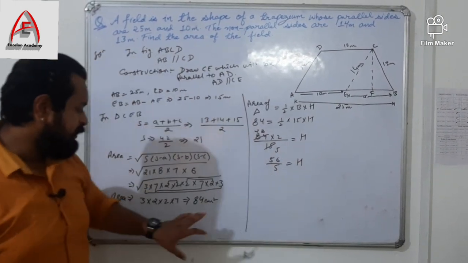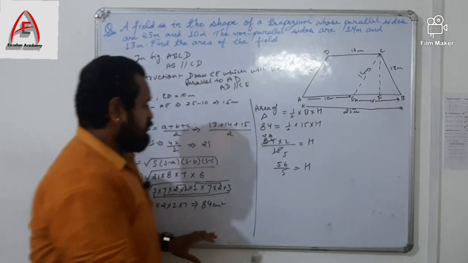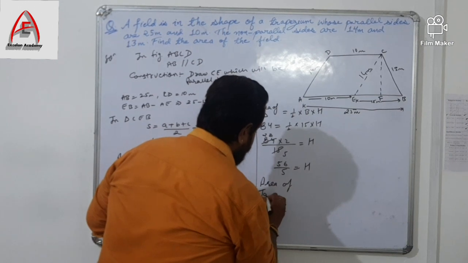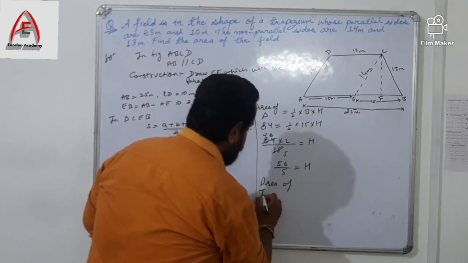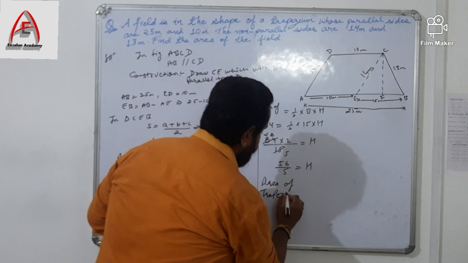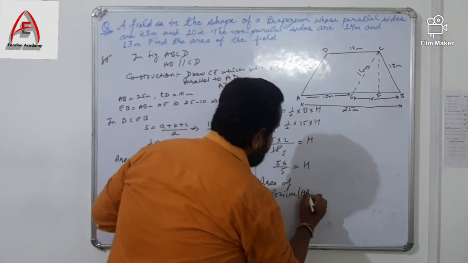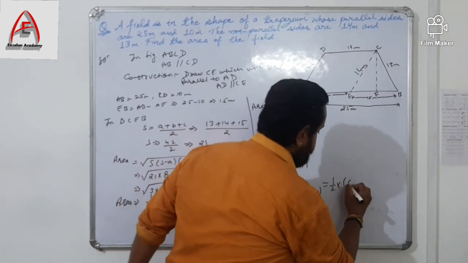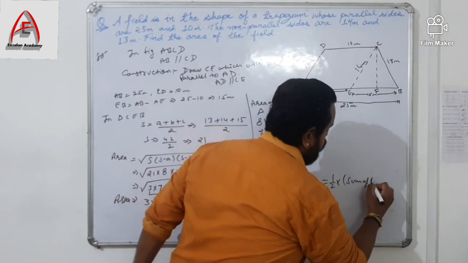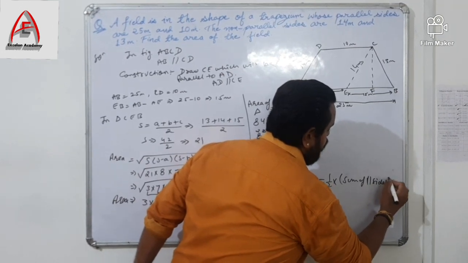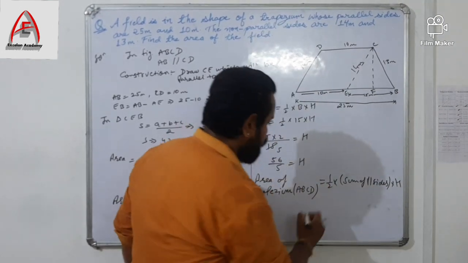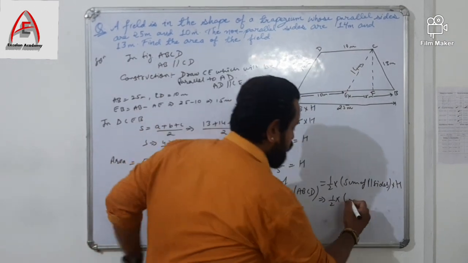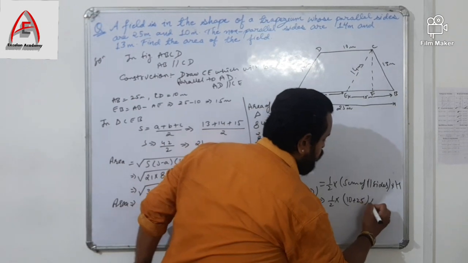Now we got the height and area. Now for the area of trapezium ABCD, area of trapezium is half into sum of parallel sides into height. So half into parallel sides are 10 and 25, so 10 plus 25 into height.